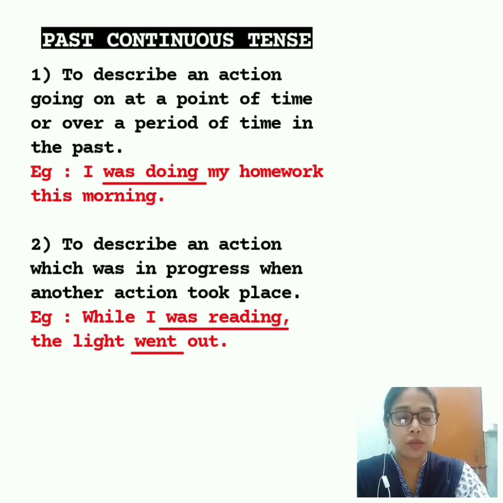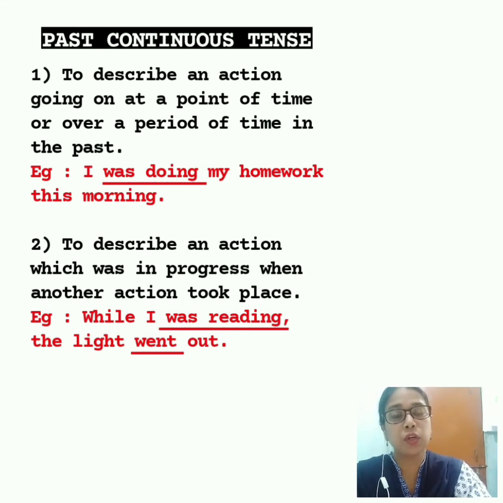Now here also, children, keep in mind the time of action may or may not be indicated. Then the second use is to describe an action which was in progress, that is, which was going on when another action took place. For example, while I was reading, the light went out.